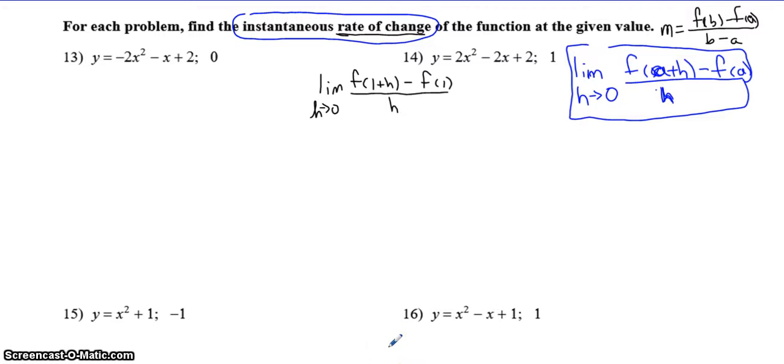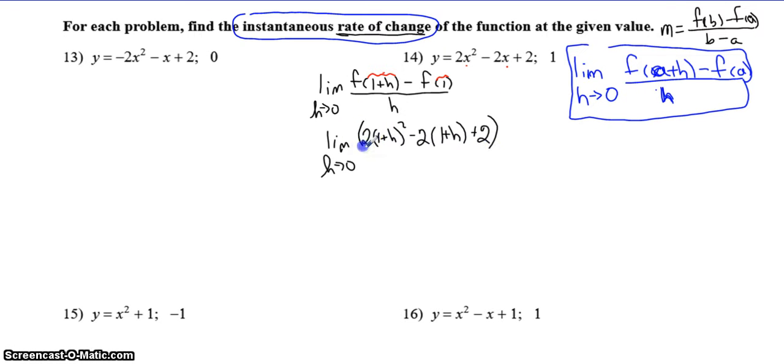Well, what do we do with that? Okay, so again, let's remember, what do we do in function notation with this stuff? Now that goes into every x. So for that first f of 1 plus h, the limit as h approaches 0 of 2 times, instead of x, we're going to put (1 plus h) squared, minus 2, instead of x, (1 plus h), plus 2.